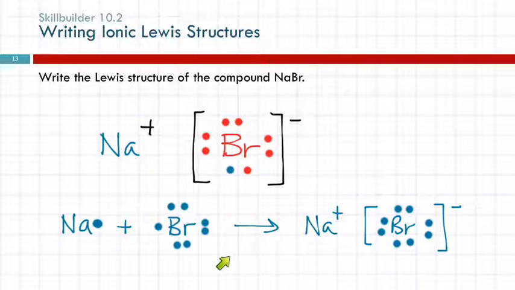And what's happened here is that this electron has been transferred to bromine, and now we're representing sodium as an ion because it lost an electron, and bromine as an ion because it gained an electron.